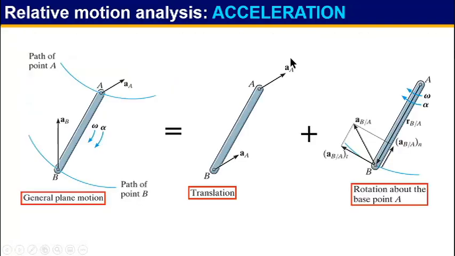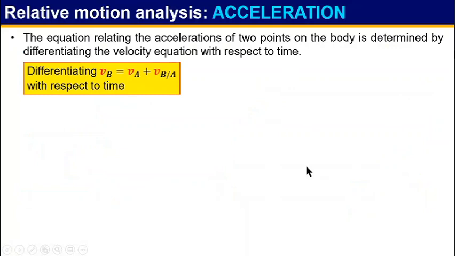Just now, we already understood how to get the relative acceleration equation by using these figures. However, guys, that equation can actually be obtained by differentiating the relative velocity equation that we learned in part 2.